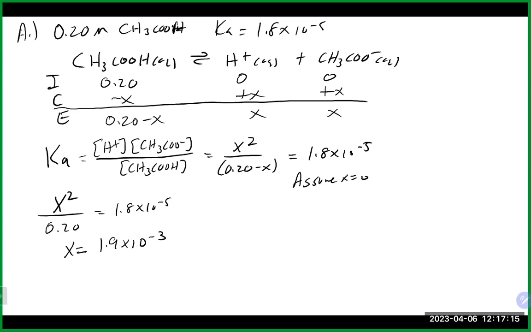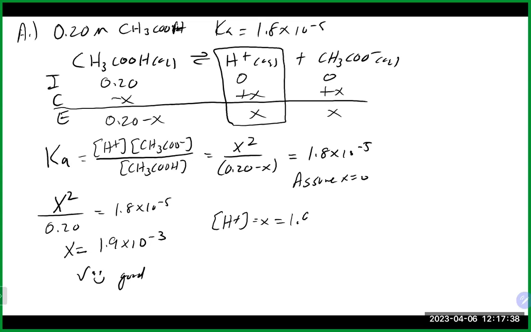We are going to check it, so we'll divide that by 0.2 and multiply it by 100. And it's like 0.9%, so the check here is good. All right, so that means that if we go to our H plus here from our ICE table, we will see that the concentration of H plus equals X, which means 1.9 times 10 to the minus 3 molar.